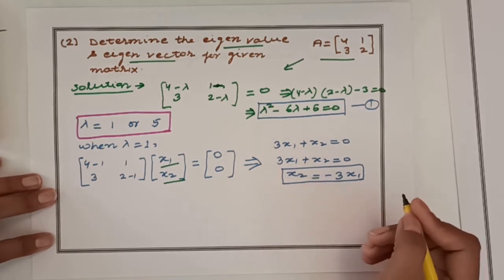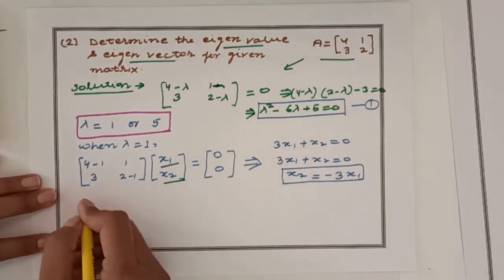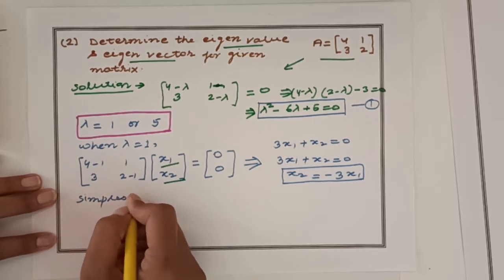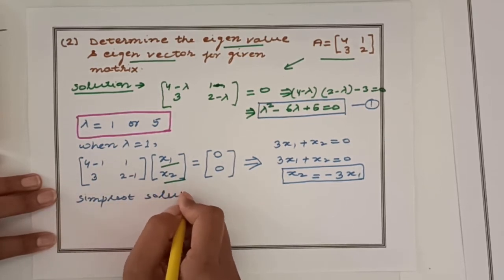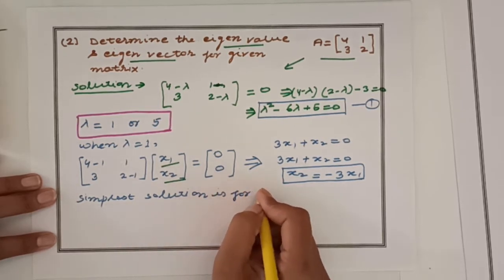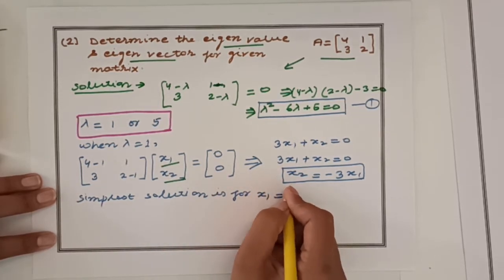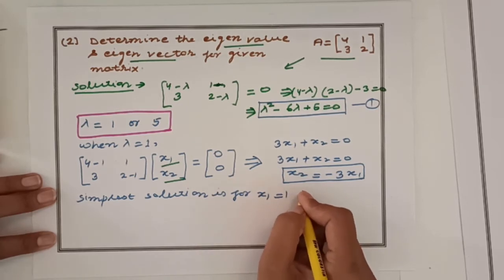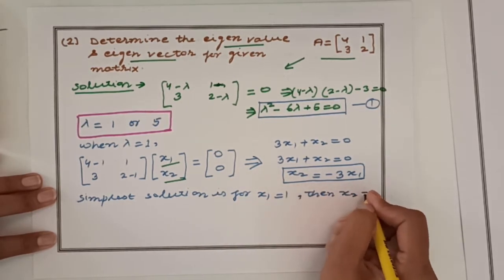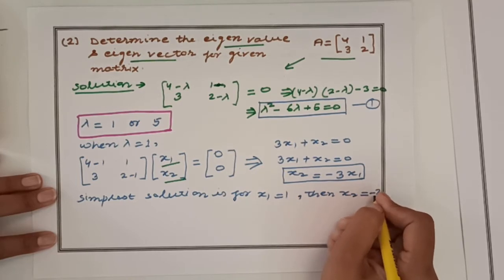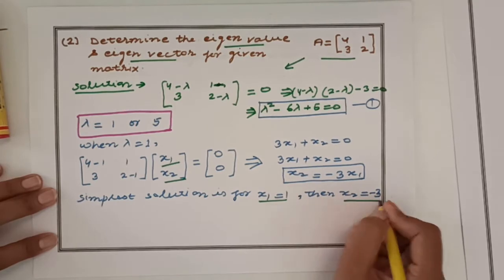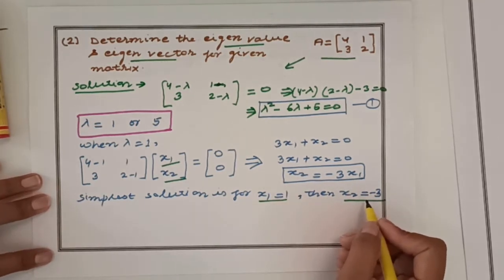So many solutions are possible, but the simplest solution is, when x1 is 1, x2 will be minus 3.